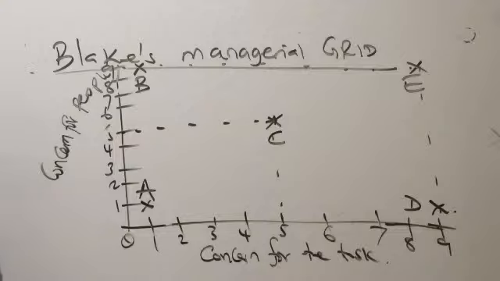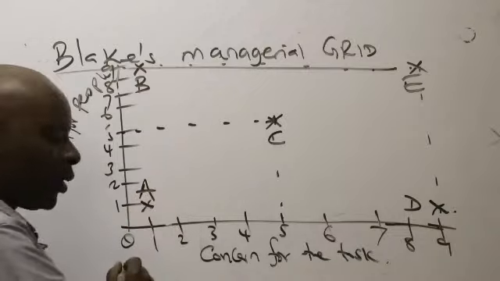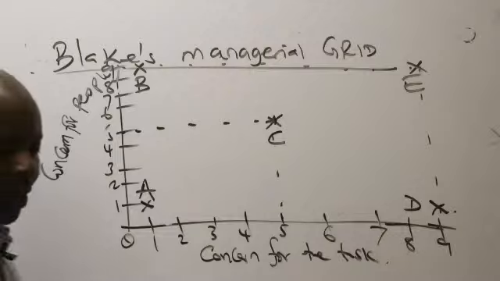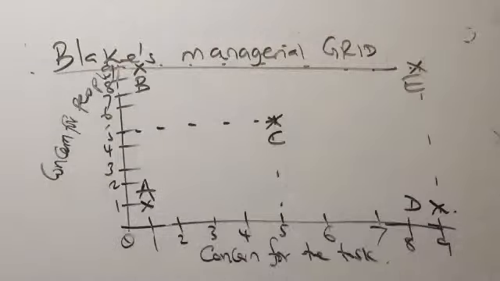So manager A, who is that? What characteristic does he exhibit? This one we call the impoverished style. So A is the impoverished style. Let me try to zoom in my camera for me to get a space to write.